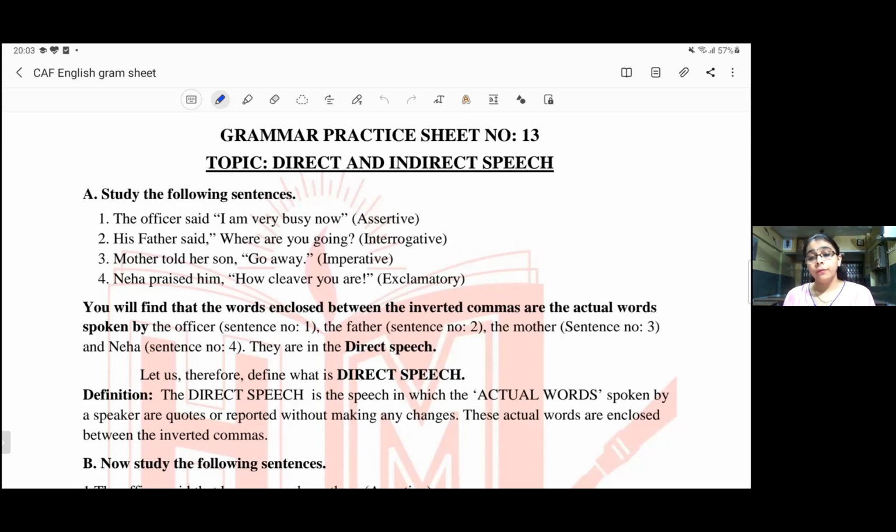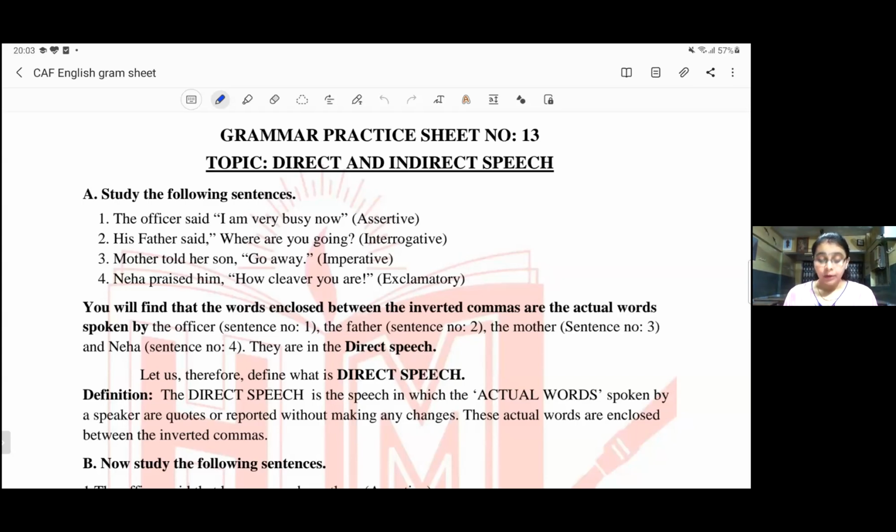And when the first person's message is going via the second person to the third person, I am not contacting the third person directly. So that is called indirect speech. Clear?